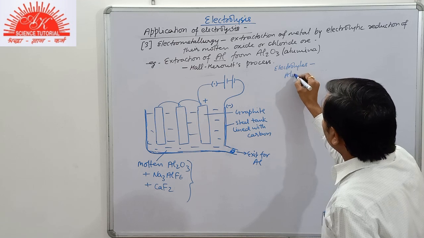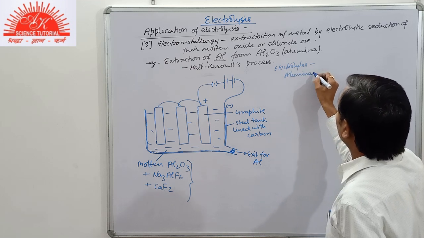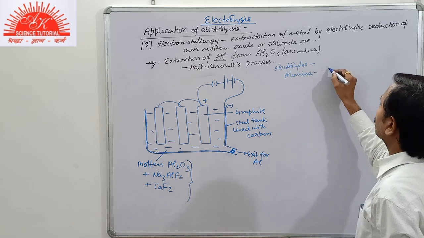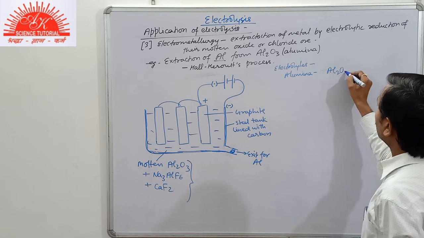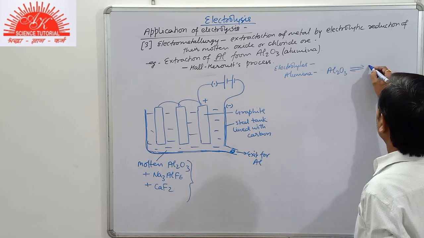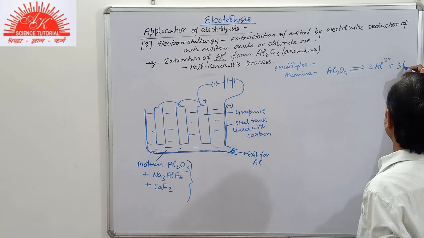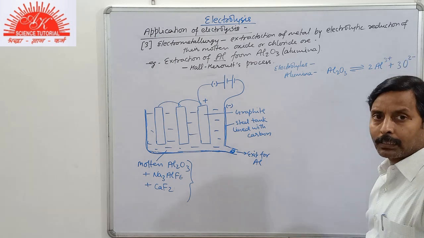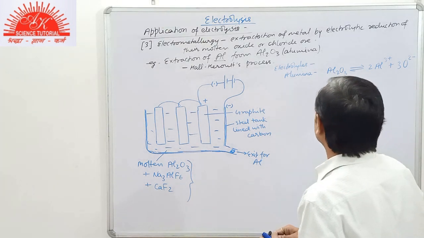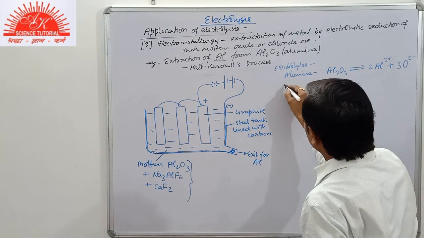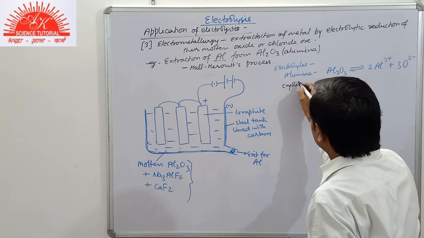First of all, alumina, that is Al2O3, gives 2Al3+ plus 3O2-.